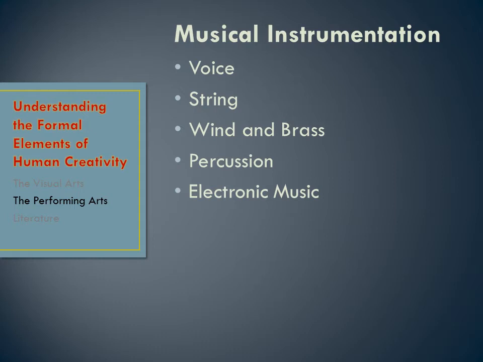Then there is electronic music. Some forms of electronic music would include more common forms of modern organs. Old style organs, the really old style organs that have been around for hundreds of years, were originally wind instruments, because as someone was pumping the organ mechanism, that produced air that passed through the organ.